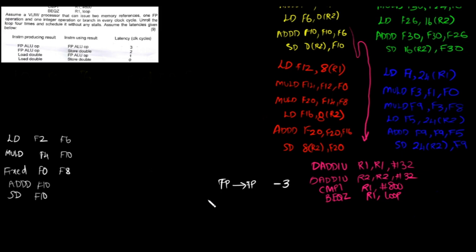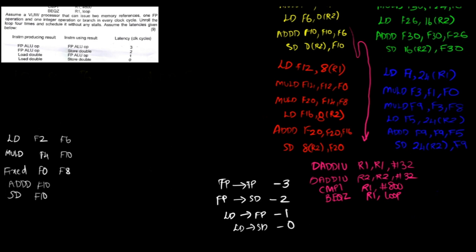A floating point instruction producing a result that a store is using means 2 clock cycles. Here F20 is produced by a floating point instruction and used by a store instruction. A load used by a floating point instruction is 1 clock cycle, and load to store we have no stalls.